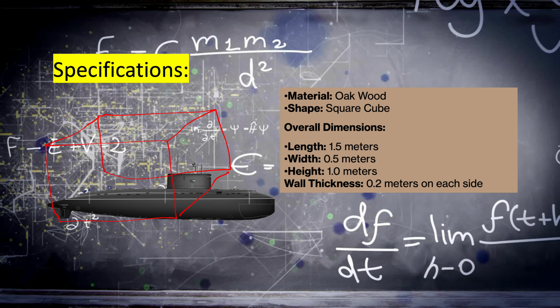So let's assume hypothetically this is our submarine. The wall thickness will be 0.2 meter and the length will be 1.5 meter. The height will be 1 meter and the width will be 0.5 meter.